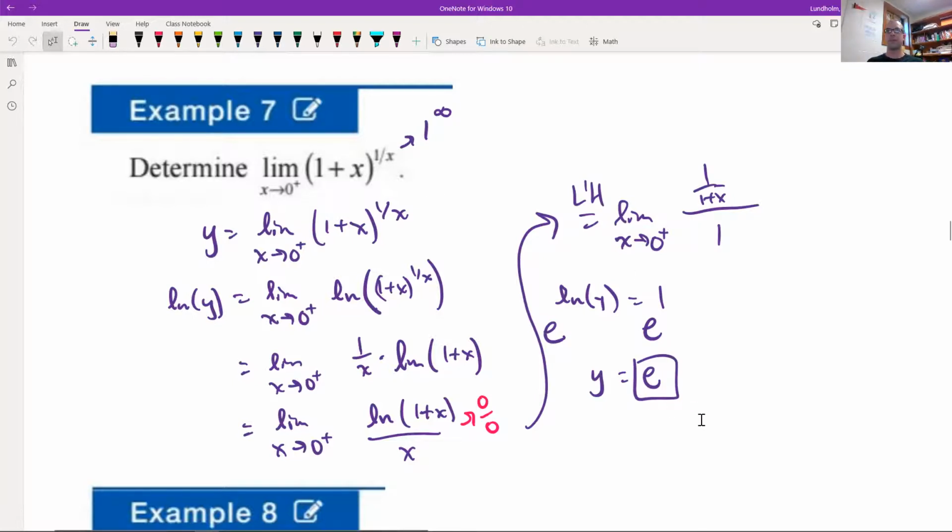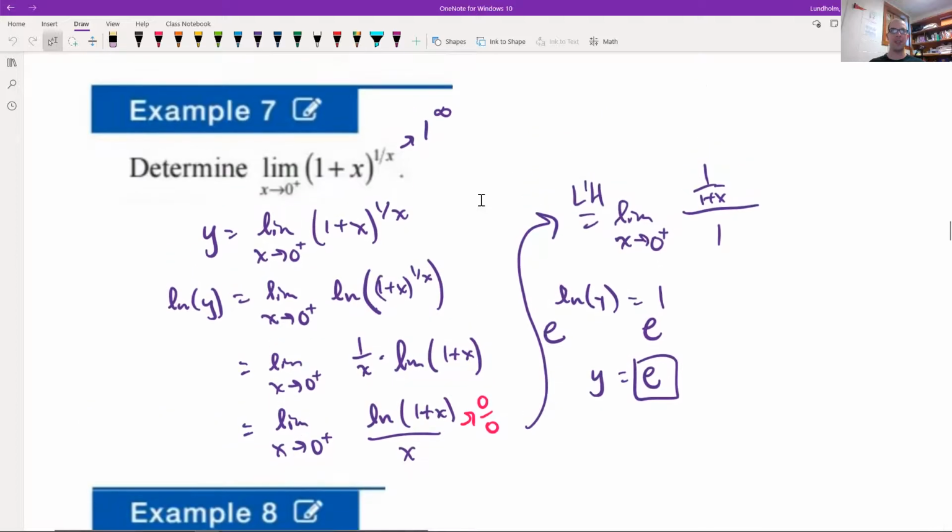So e is this limit. We had to use a logarithm to get this exponent down and then into a quotient.